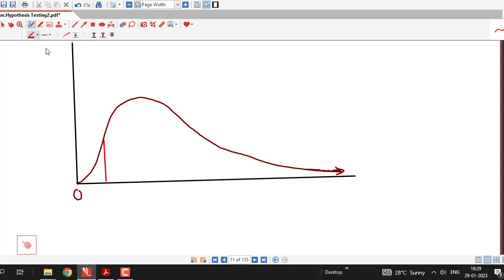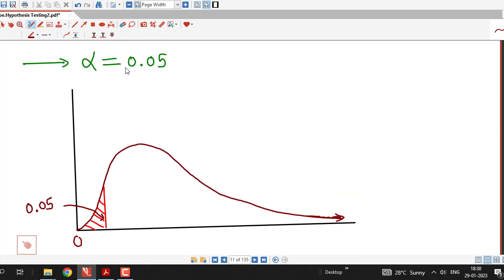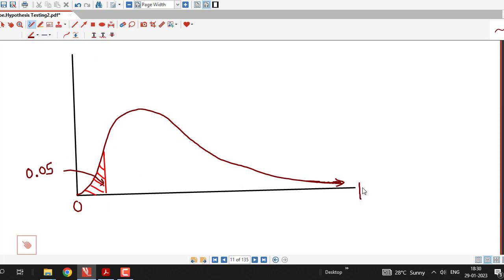So we consider this area equal to 0.05. Area in the left tail is 0.05 because the level of significance is 0.05, and we are considering values of the random variable F on the horizontal axis. First I have to decide what this point is.